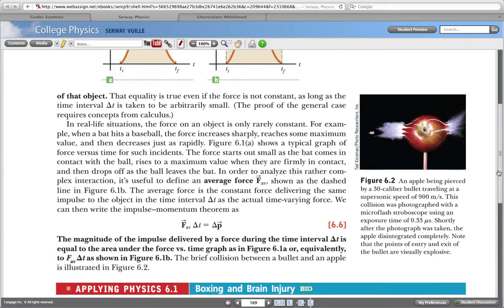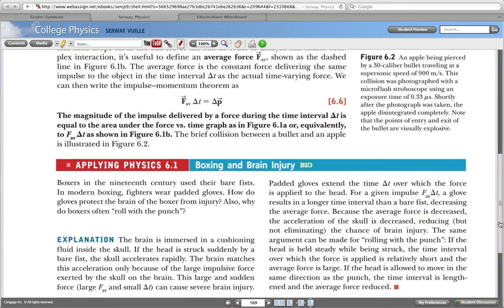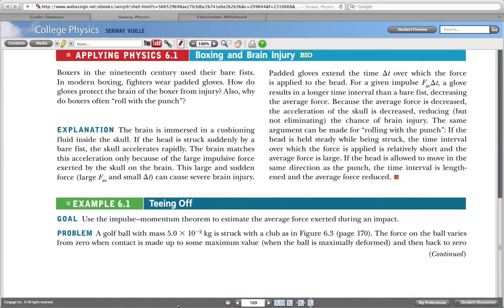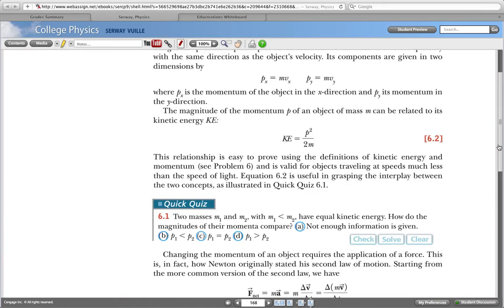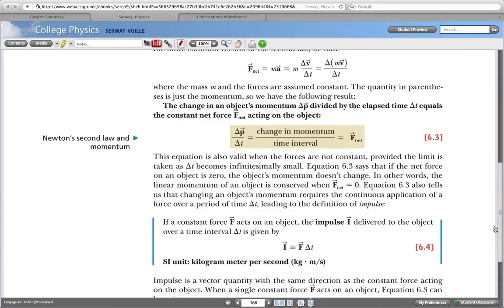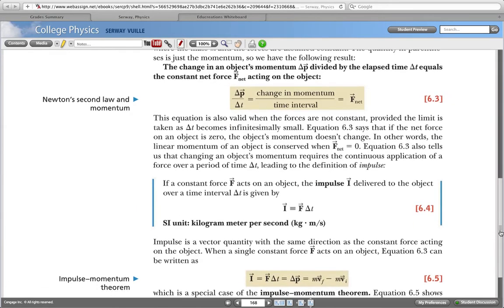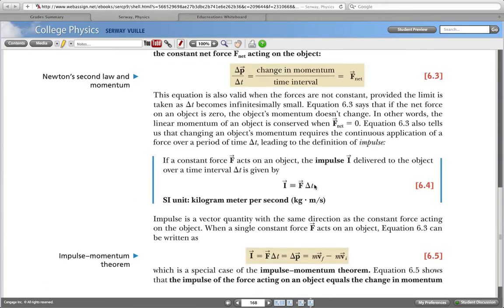No, that's the momentum. We've got to find the right equation. Oh, here it is. So the impulse is going to be defined as a force times a change in time. And we also know that a force times a change in time is a change in momentum. Okay, how do we know that?